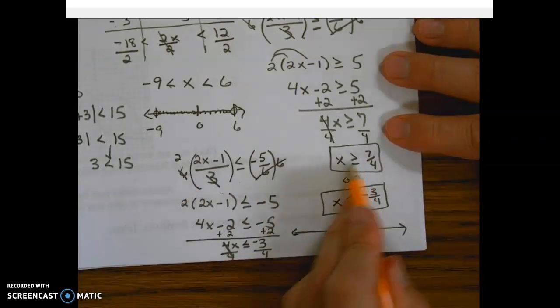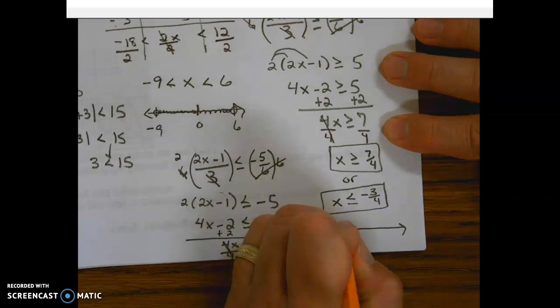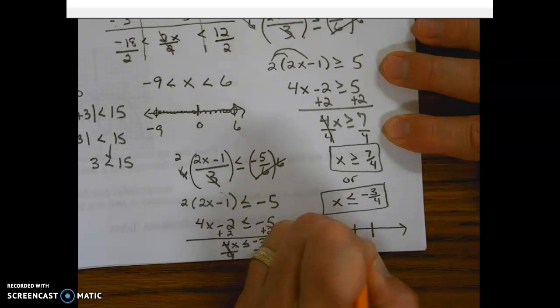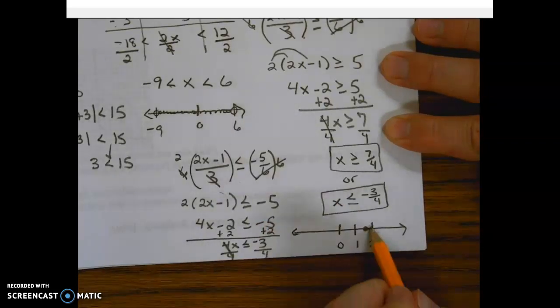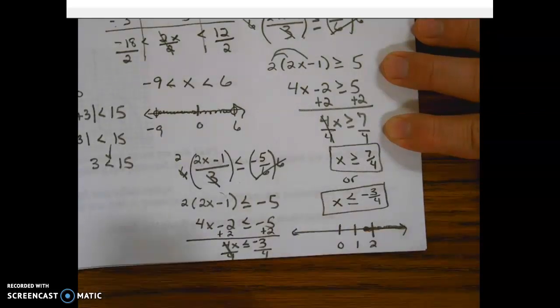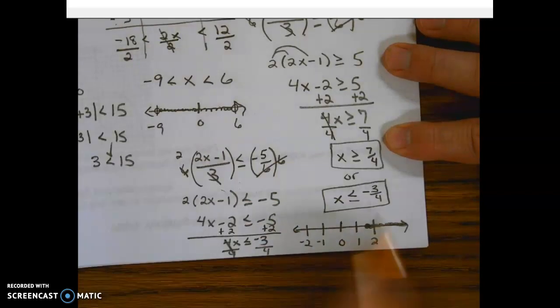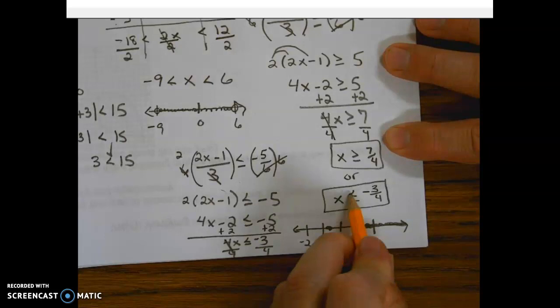So we're looking at x is greater than or equal to 7/4, which is 1 3/4. So we're talking about this is 1 and this is 2. We're talking about right here, a closed dot at 1 3/4, and we're shading greater than. It's equal, so it's going to be a closed dot. Go in the other direction. Negative 3/4, which is going to be about right here, and we're shading less than that.